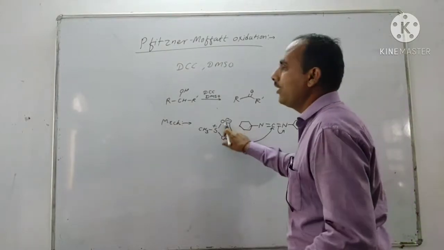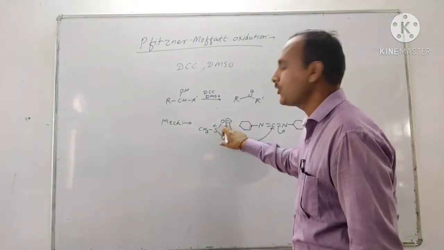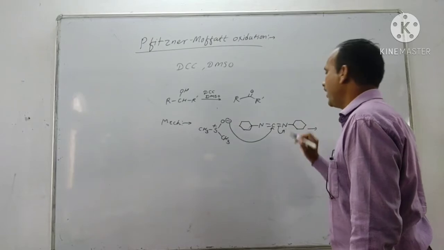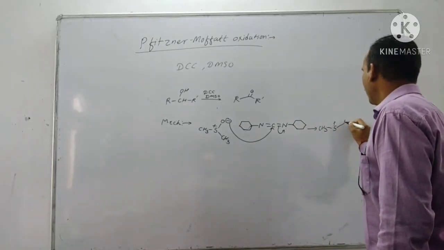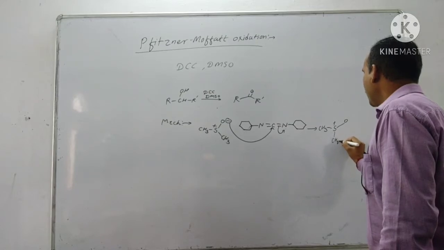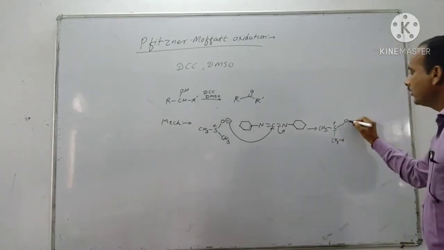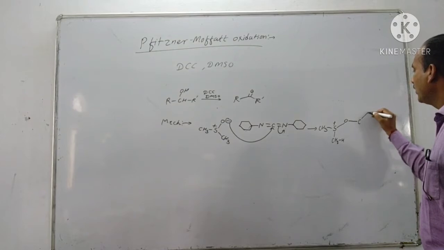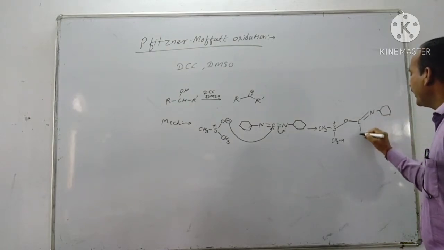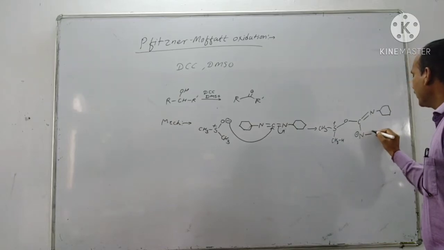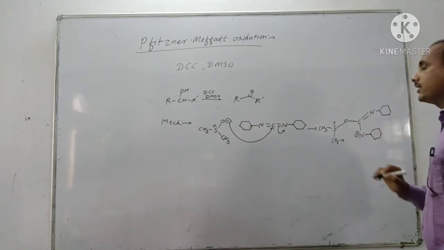So this oxide of DMSO attacks on carbon, there is N minus, CH3S plus O, CH2H. Now here C double bond N cyclohexylene, there is N minus, again there is a cyclohexylene.